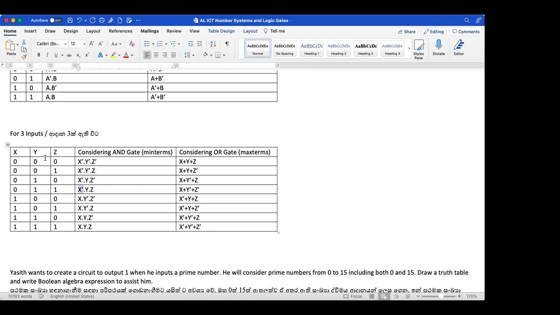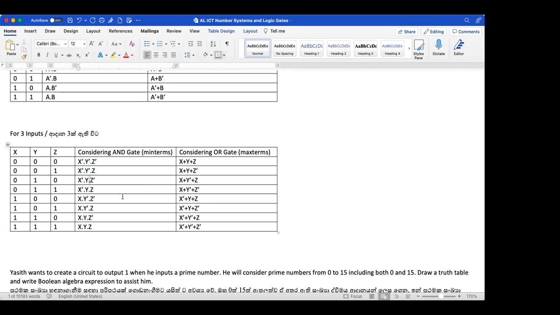Then you can see 0 0 1 1 0 0 1 1. It's very easy, that's a pattern. Then y naught, y naught, y, y, y naught, y naught, y, y. Here y0 means y naught, and y1 means normal y.